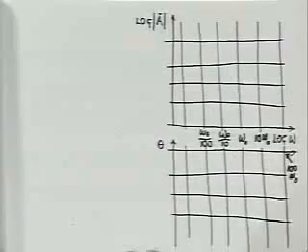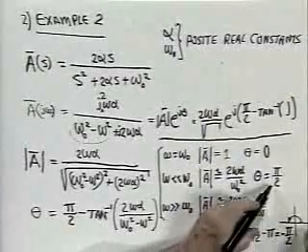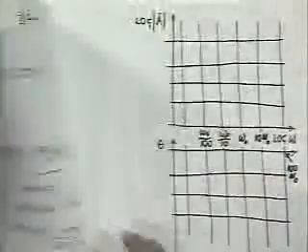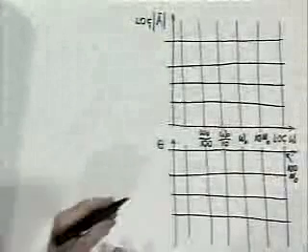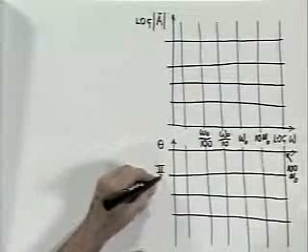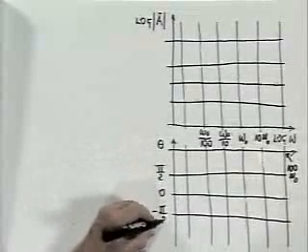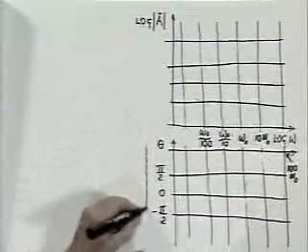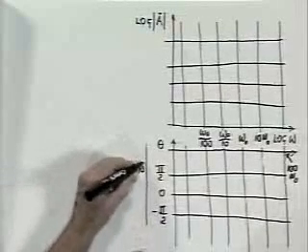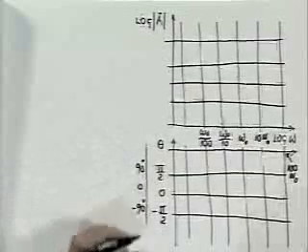We know that for low frequencies, the angle's pi over 2 at omega naught at 0, and for high frequencies it's minus pi over 2. So let me call the value here pi over 2. This is 0, and this is minus pi over 2. If we do it equivalently in degrees, this would be 90 degrees, 0, and minus 90 degrees.